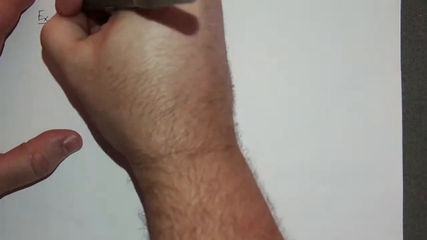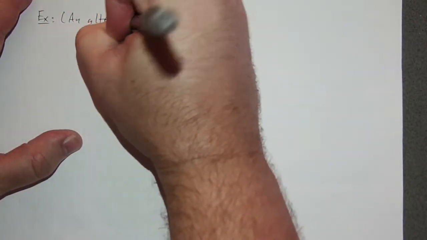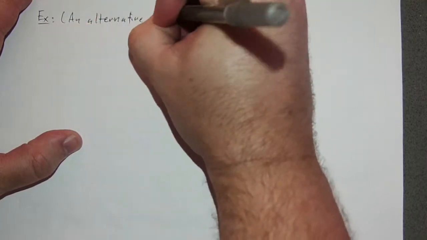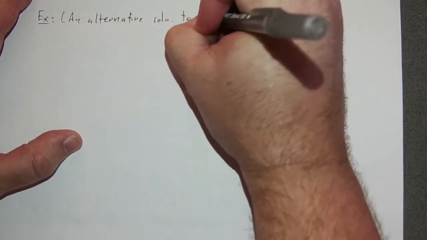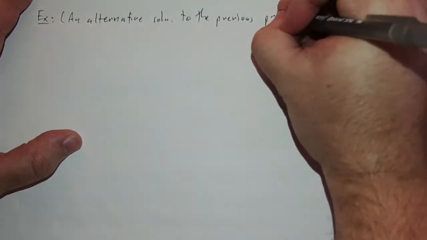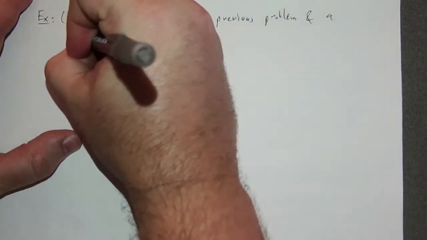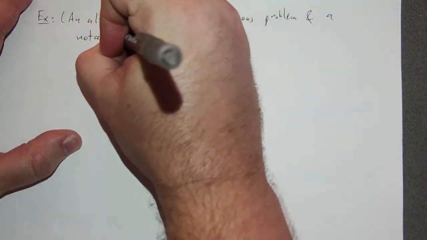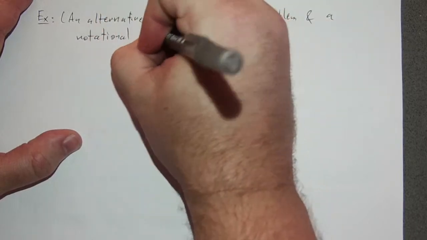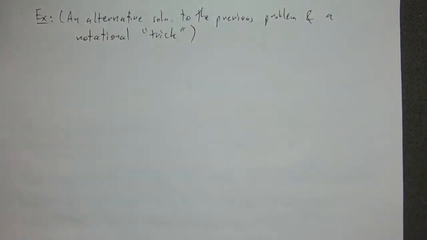So here's an example of an alternative solution to the previous problem, and a notational trick that will be repeated over and over again in this course, as I said.